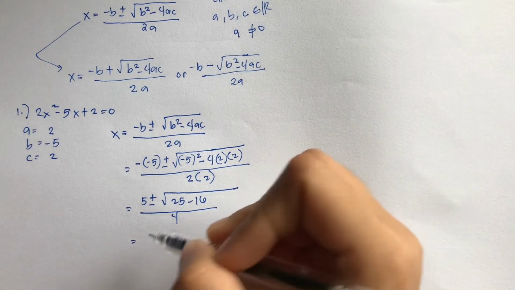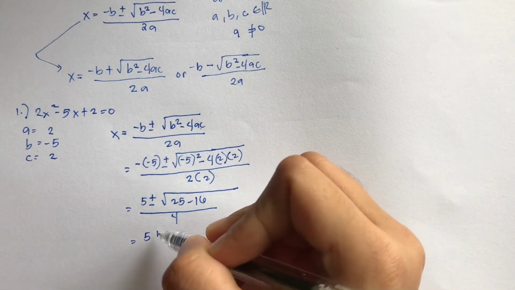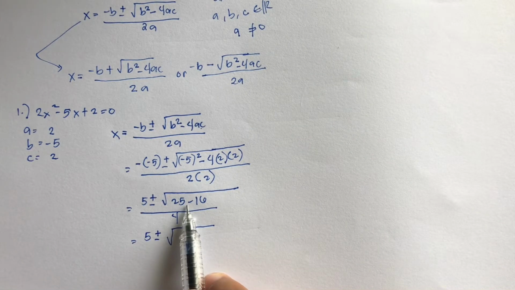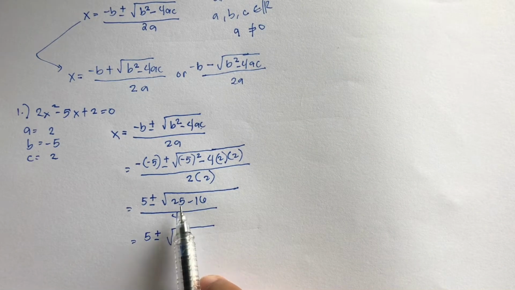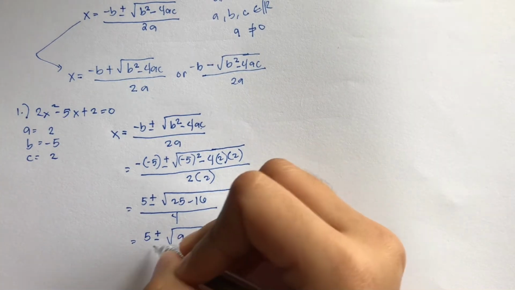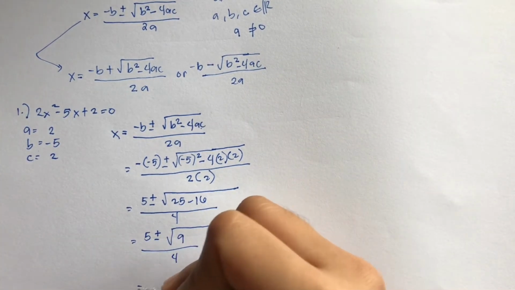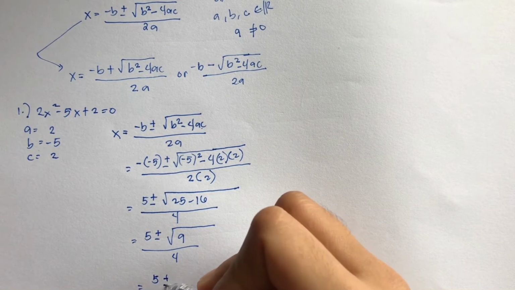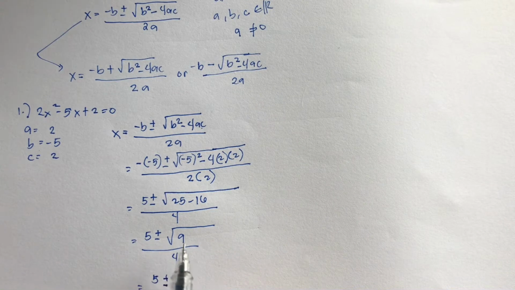Okay, very good. So we copy 5 and the plus and minus operations and then subtract the numbers inside the radical sign. So we have 25 minus 16, that's 9, all over 4. Copy 5 plus and minus, what's the root of 9? We have to simplify the radical.